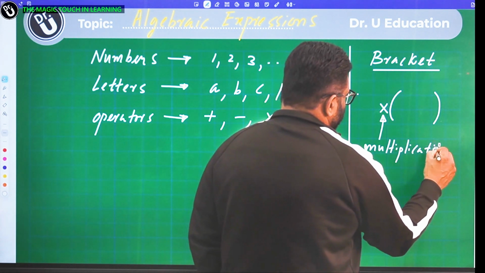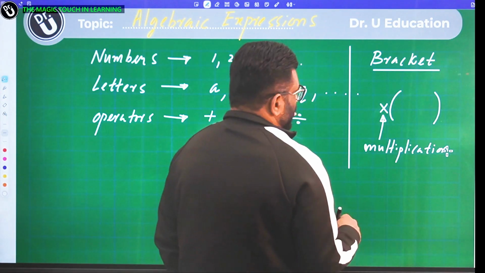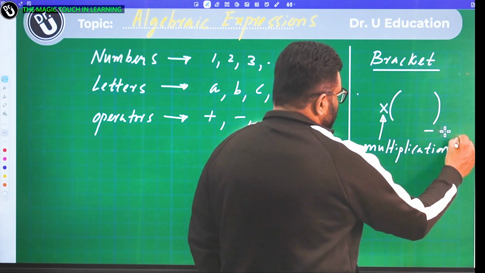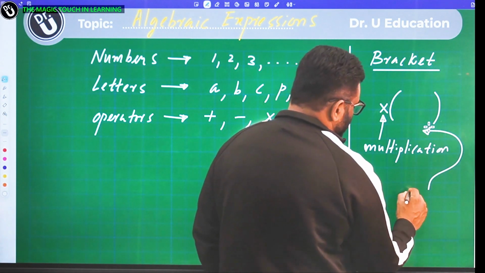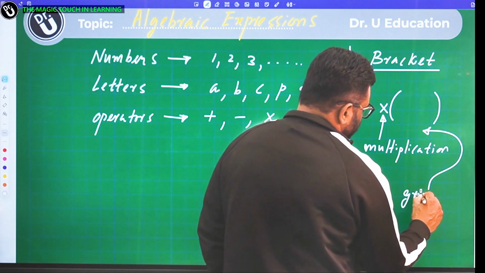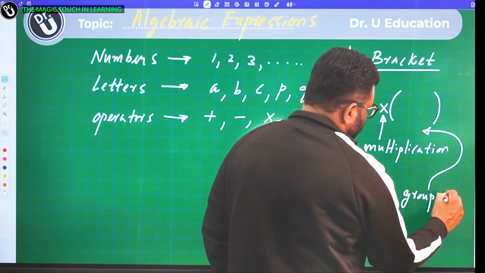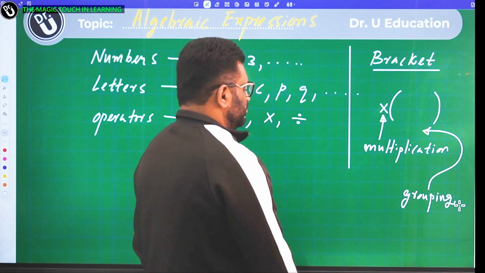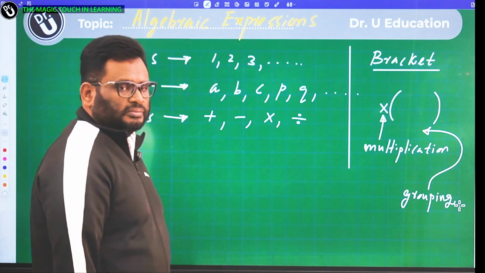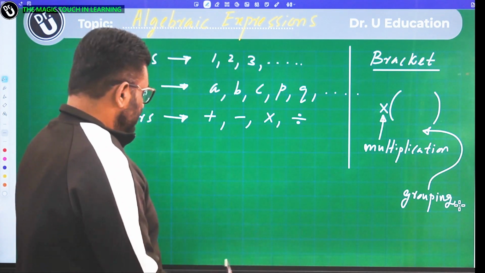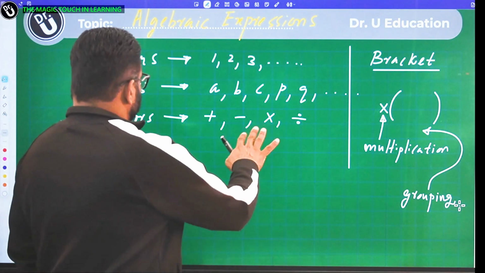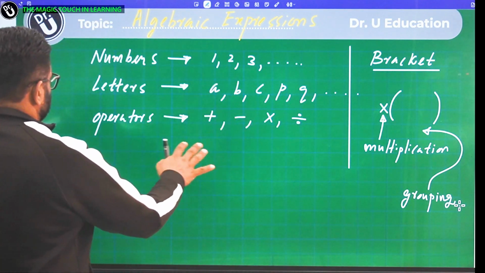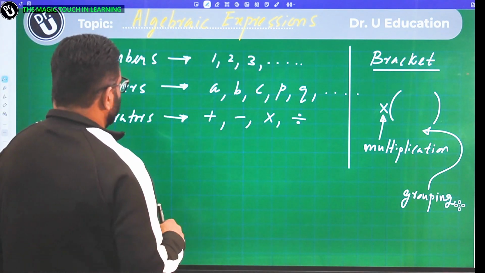Now, bracketing means grouping. I will give some examples. These are the important things inside this topic, algebraic expression.